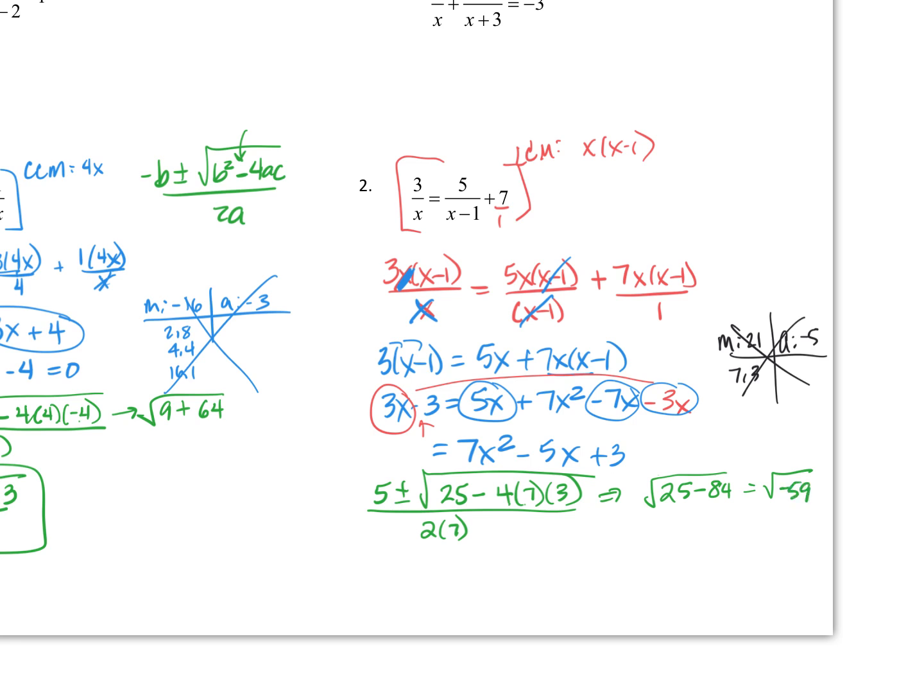Negative 59. All right. So now I have 5 plus or minus the square root of negative 59 over 14. Am I finished? No, you said negative, so it's gotta go in front of the square root as i. We're going to pull the negative out as an i, right? So I'm going to end up with 5 plus or minus i square root of 59 over 14.